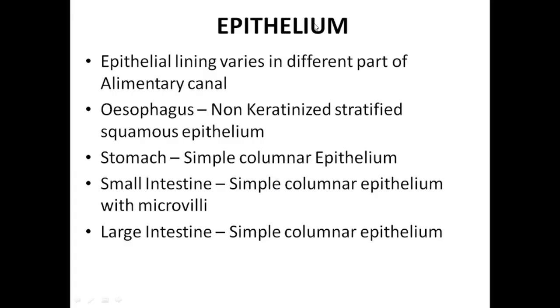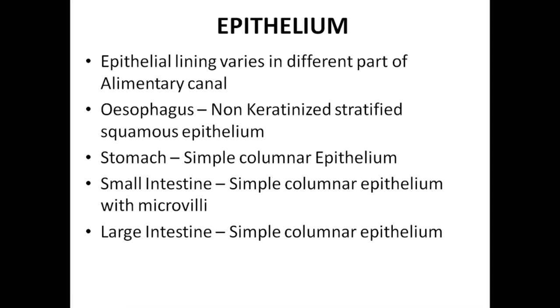Now if we talk first about the epithelium, the epithelial lining is different in different parts of alimentary canal. In esophagus we have non-keratinized stratified squamous epithelium. In stomach we have simple columnar epithelium. In small intestine we generally have simple columnar epithelium with microvilli, and in large intestine we have simple columnar epithelium.